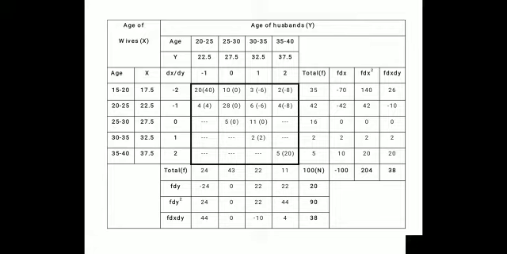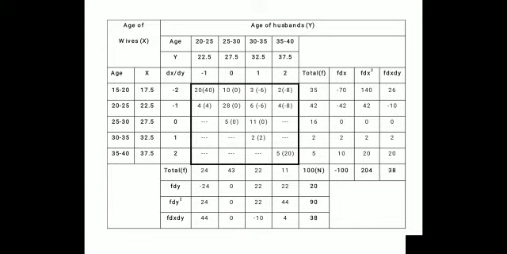So 20 into minus 2 into minus 1 will give us f into dx into dy. So 20 into minus 2 is minus 40, and minus 40 into minus 1 is 40 here. So that is the corner value. For each cell this has to be computed, that is f into dx into dy.